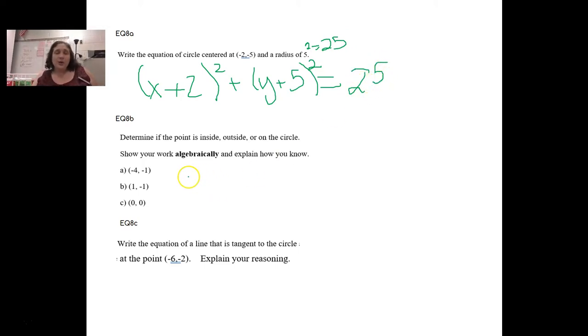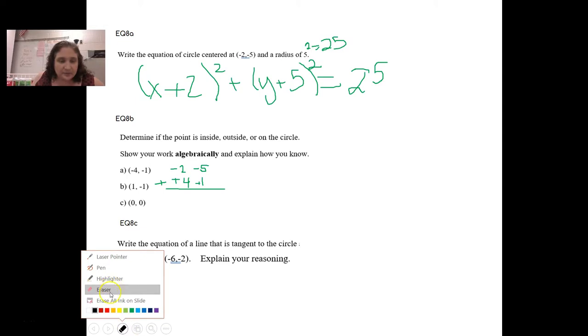Now we're going to show our work algebraically to explain how we know. I don't know if this is, well, this might be, we can practice. All you're going to do is write your center, -2, -5. You're going to write the point that they give you. In this case, our first point was -4, -1. Then we do our distance formula. I'm doing the math hack. So we've got -2 plus 4 is 2, not 6.